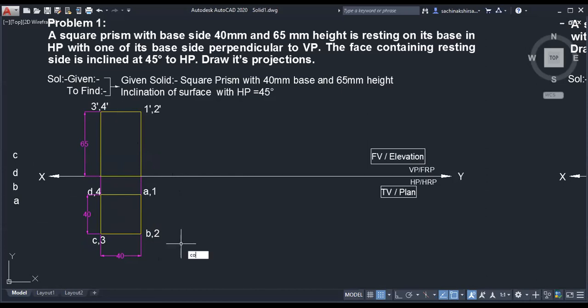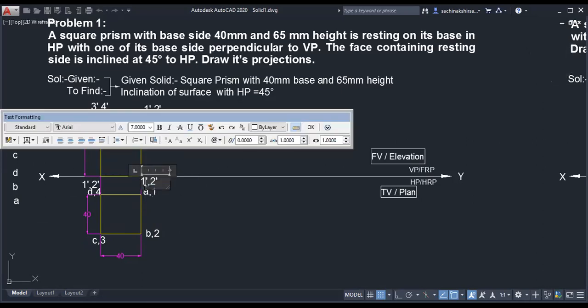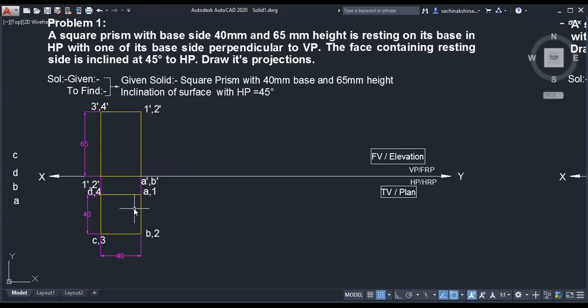What will be the names for the base? A dash B dash. Very good. Here there will be C dash D dash.